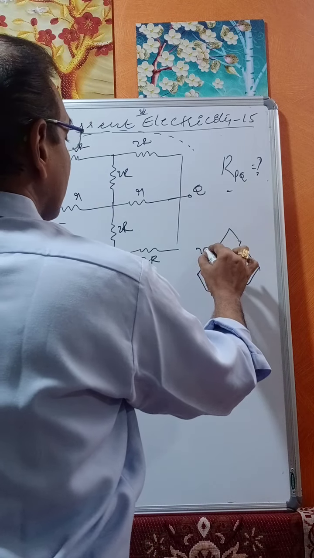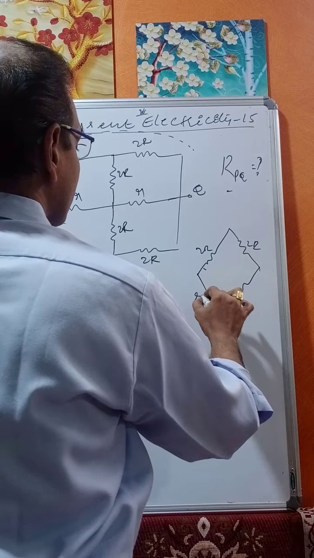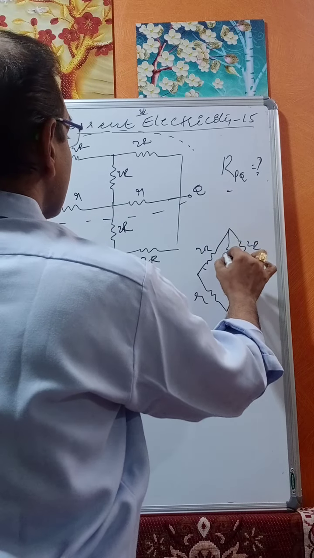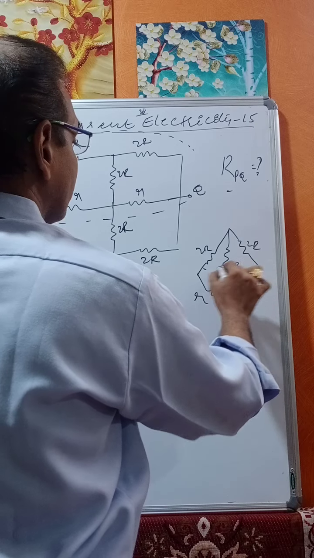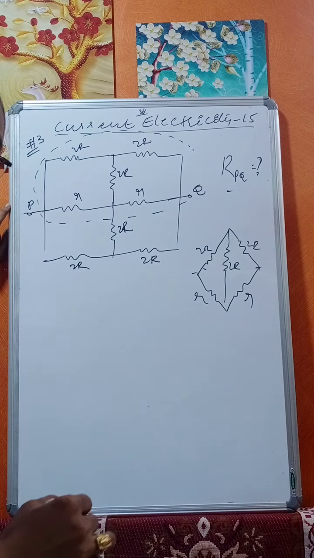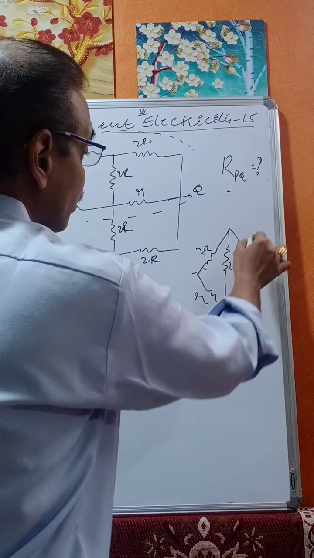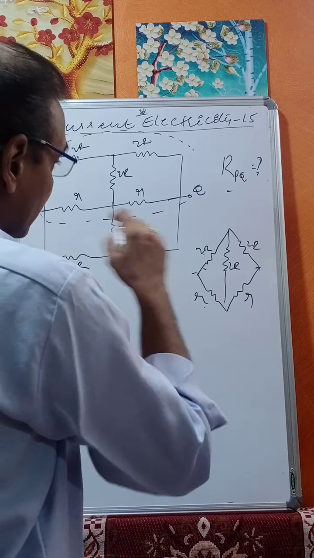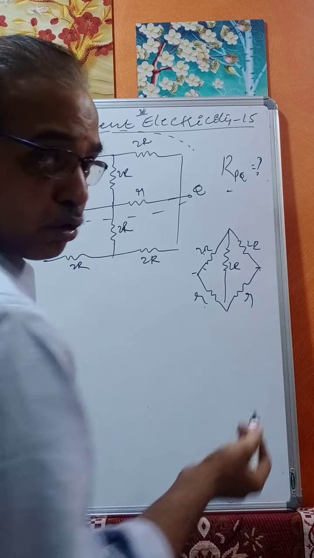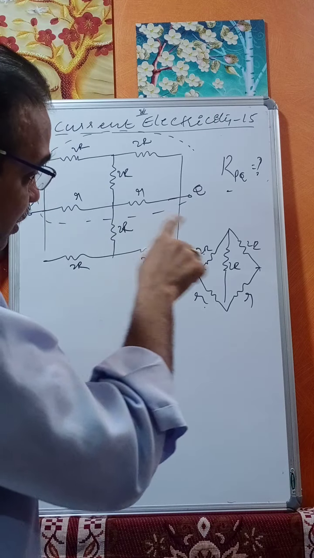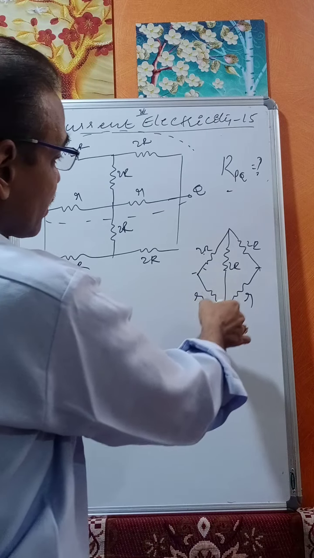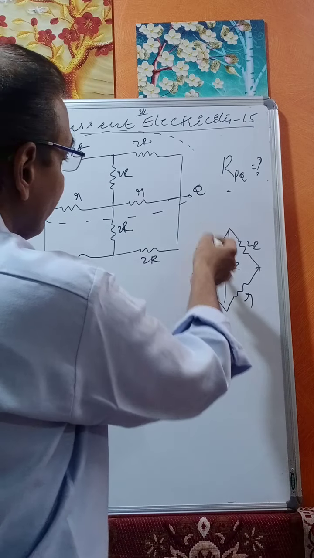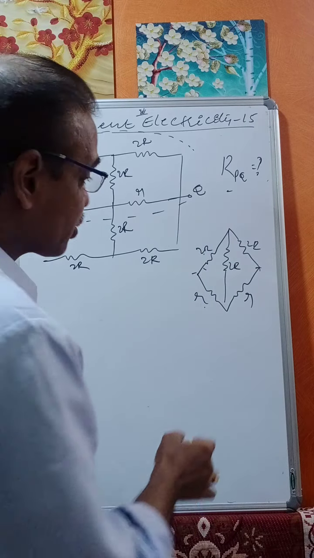This is 2R, this is 2R, this is R, this is R, and this is 2R. Therefore, P by Q is equal to R by S: 2R by R is equal to 2R by R, and 2R by 2R is equal to R by R. This is a balanced Wheatstone bridge.